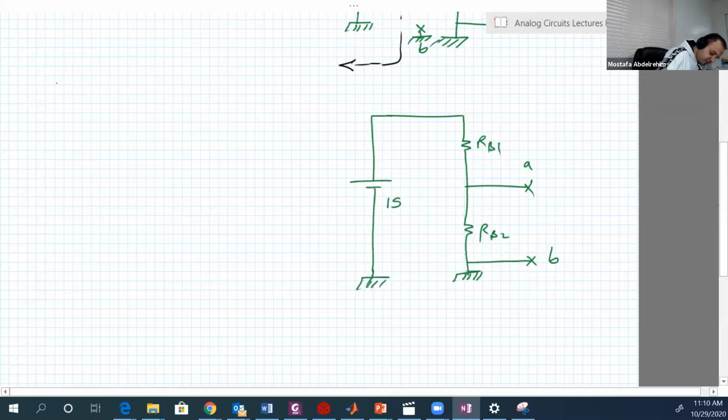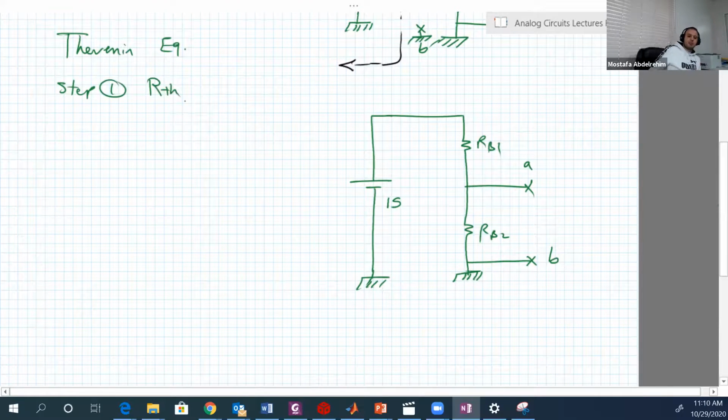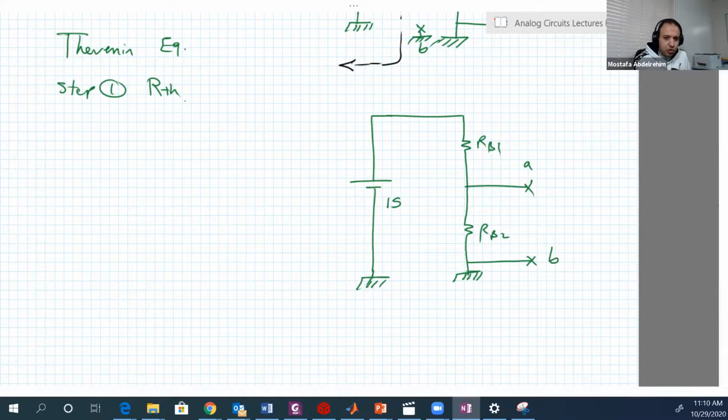So first, step 1 in Thevenin equivalent: R Thevenin. To find R Thevenin, what do we do? We cancel any source. We have here one source, which is the 15 volt. To cancel the 15 volt, we cancel its voltage difference.